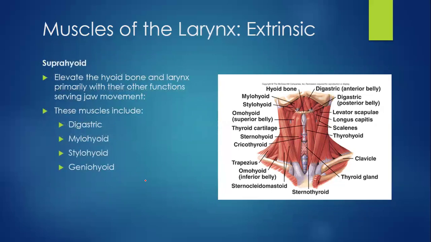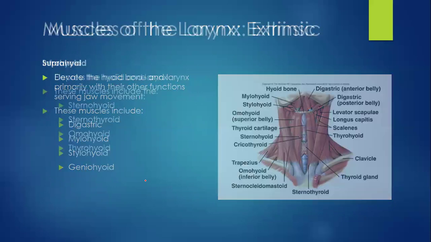All right. And so I have the suprahyoid muscles, and these include the digastric, mylohyoid, stylohyoid, and geniohyoid muscles. And their main function is to elevate the hyoid bone and the larynx.